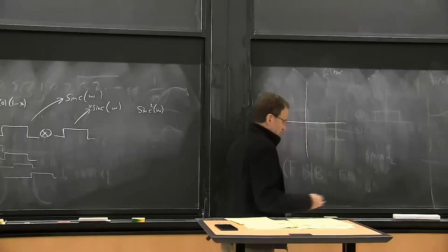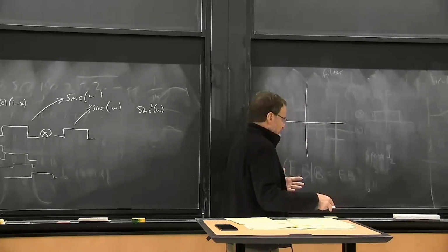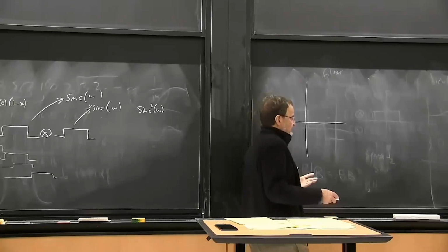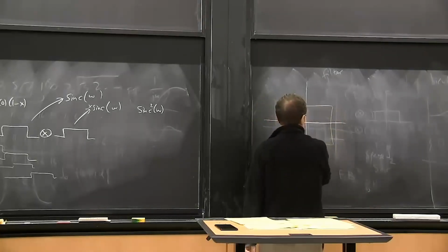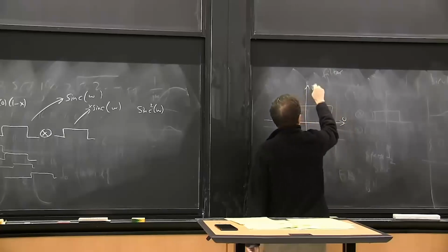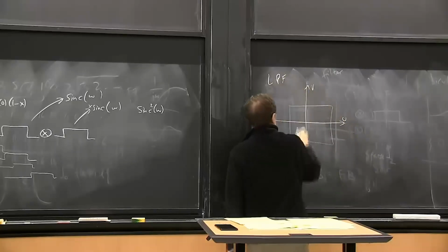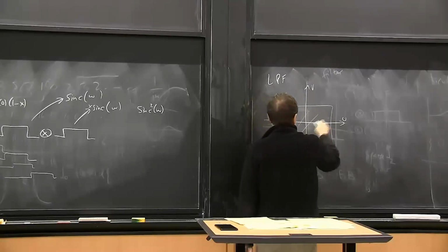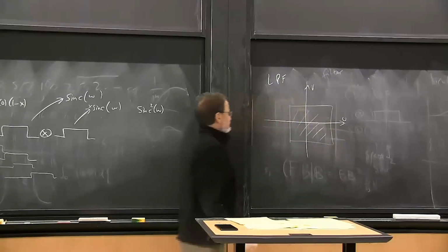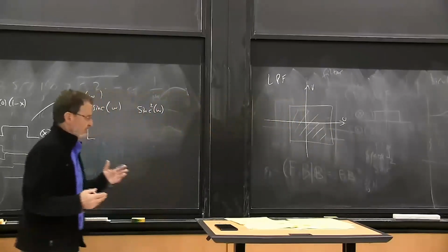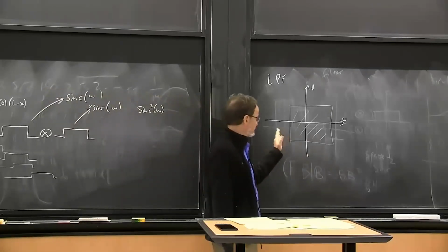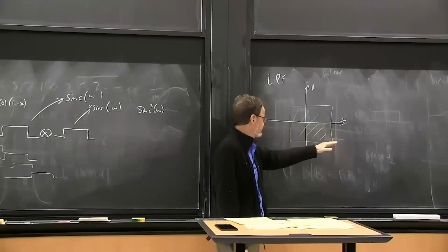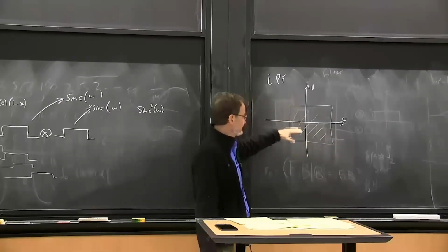And one of the questions that comes up is, what's the equivalent of the low-pass filter? So we can easily imagine a low-pass filter like this. U and V are the frequency components corresponding to x and y. And here we've got a low-pass filter in the x direction and a low-pass filter in the y direction.